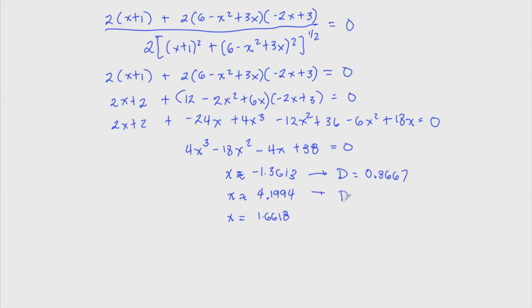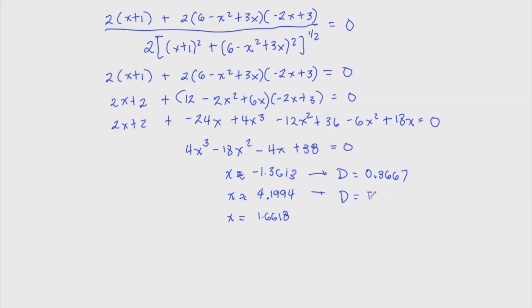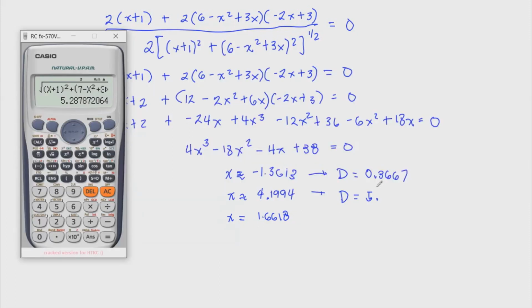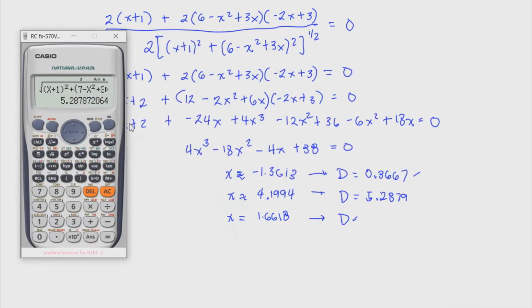Okay, and then let's look at 4.1994. So press calc and then 4.1994. Of course, this would be more accurate if we stored the values, but I didn't store them, so this will do. So 5.2879. And then finally, for our last, comparing these two x's, this is smaller, right? But of course, we need to check the last.